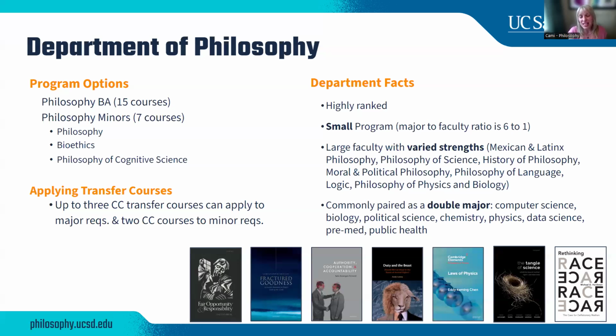Philosophy is commonly paired as a double major because there's only 15 courses. So we regularly have people from computer science, biology, political science, chemistry, physics, data science, pre-med, public health, among others, including other humanities majors, including things like visual arts and literature.